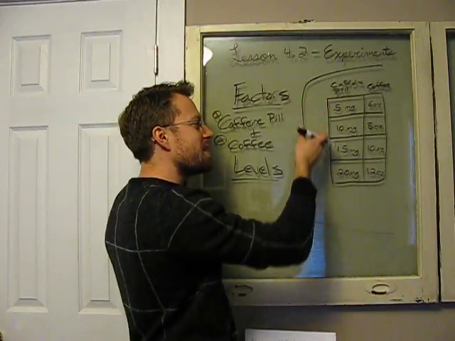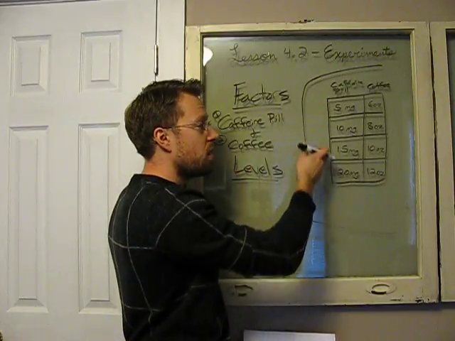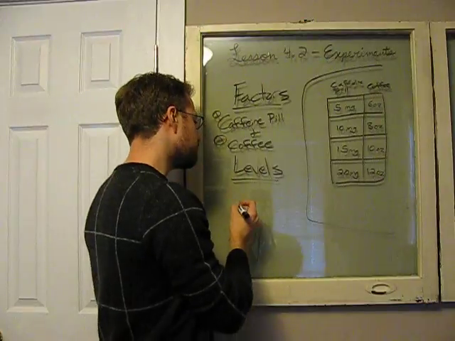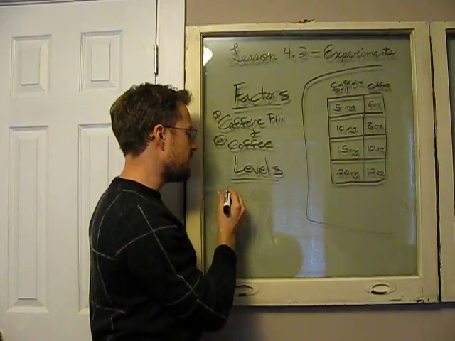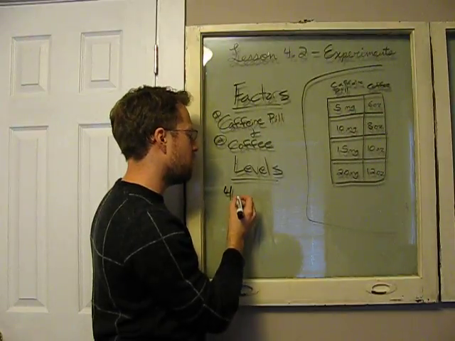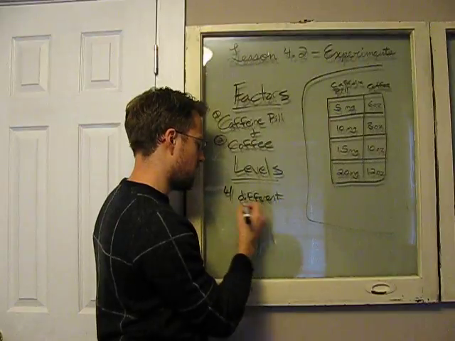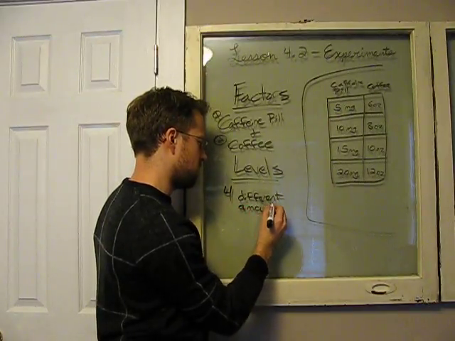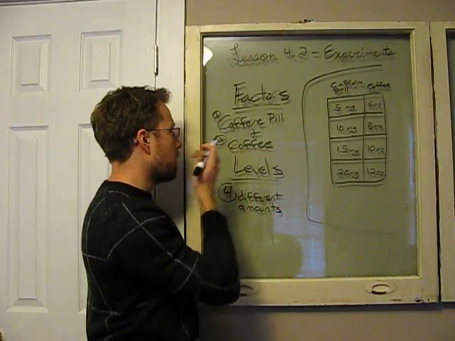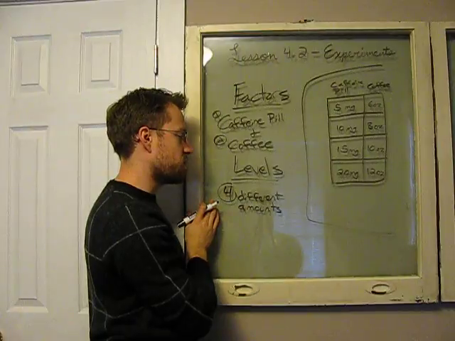But I have all these different levels of those things, different measurable differences. So my levels would be 4 different amounts. Again, I've got 2 different factors, and I've got 4 different amounts.